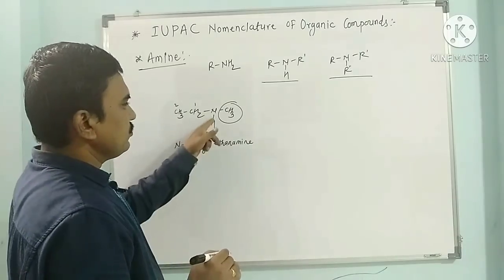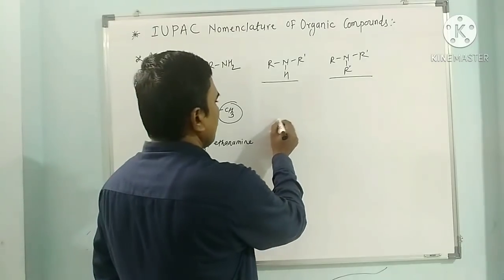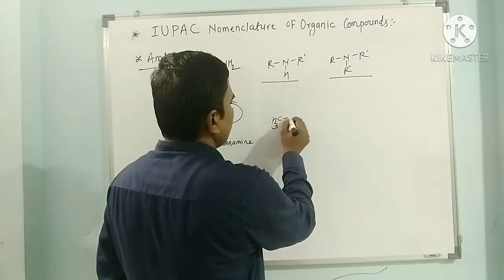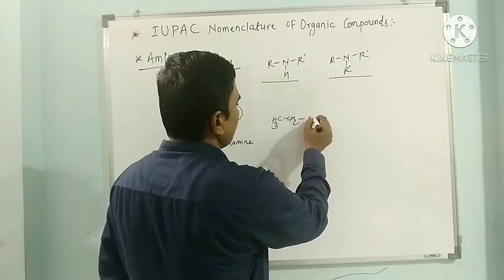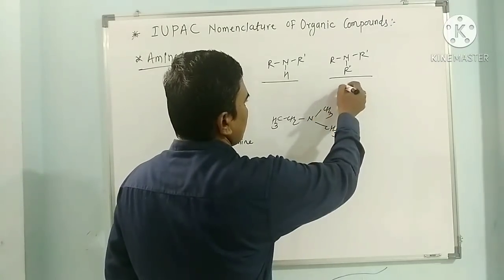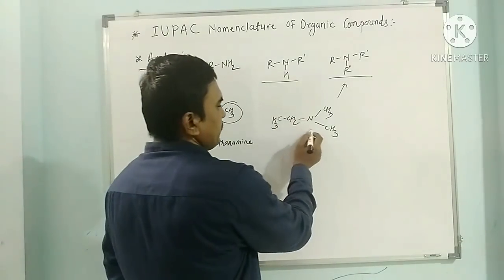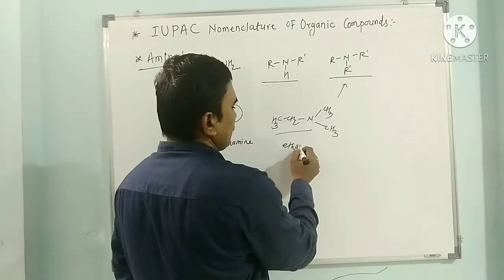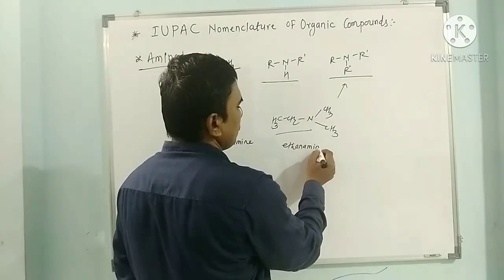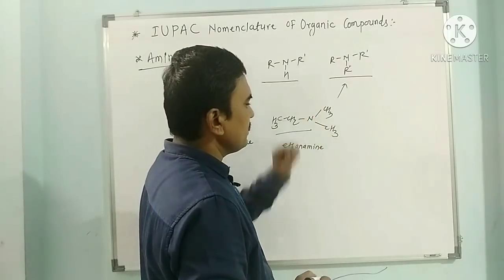If we have two groups on this nitrogen, CH3CH2N(CH3)CH3, this is an example of a tertiary amine. This is again ethanamine. In this ethanamine, the nitrogen has two methyl groups.